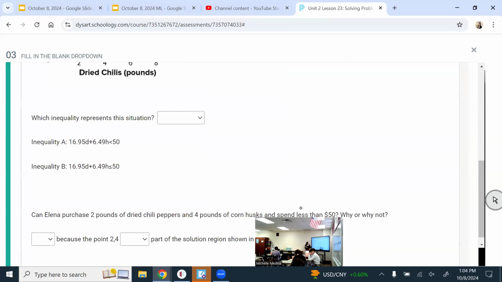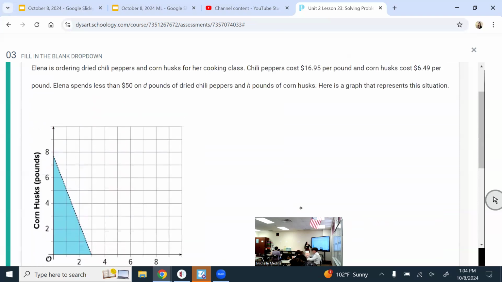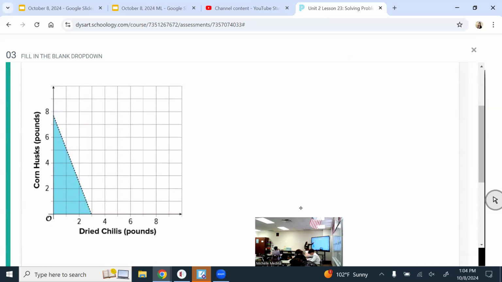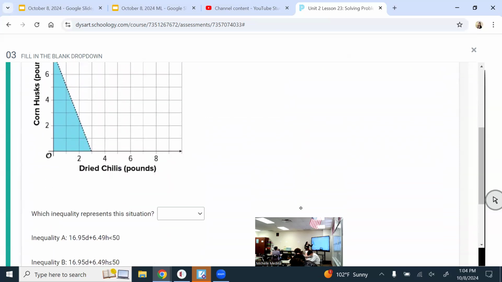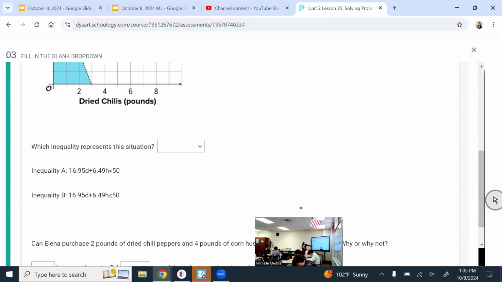So it looks like there's debate on whether or not it can be the 50 exactly or it cannot. Based on the situation, if you want to reread it, she spends less than 50. Should I use the symbol without the line underneath it or the one with the line? Inequality A or inequality B?